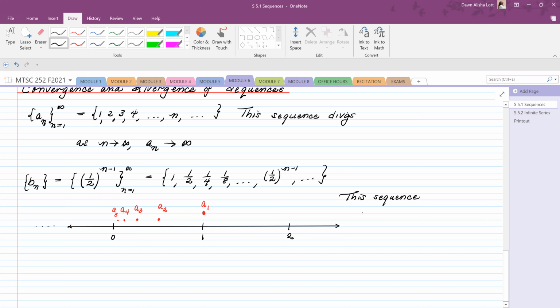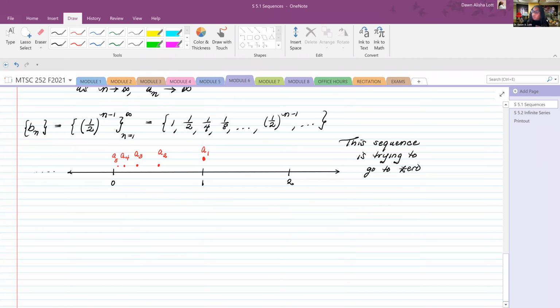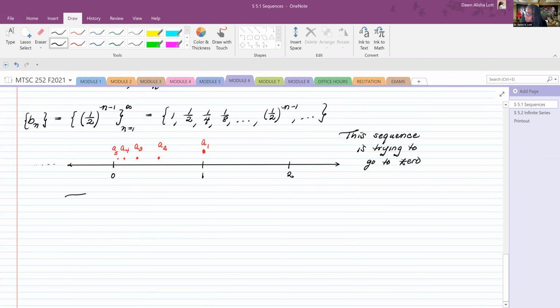To 0? Yes. Okay, so this sequence is trying to go to 0. And actually, that's what it is. All right, so I can say this sequence actually converges to 0.